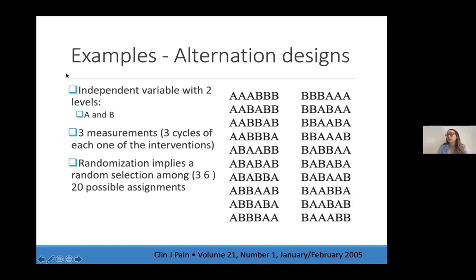So here's one example. We have 2 independent treatments, A and B, and we want to do at least 3 measures of A and 3 measures of B. And then we need to have a randomization, meaning all possible combinations of A and B if we have 3 of them. So here you have spelled out all possible combinations.